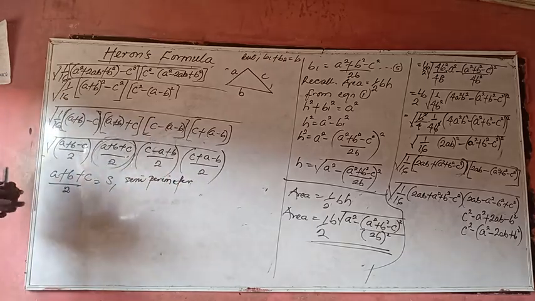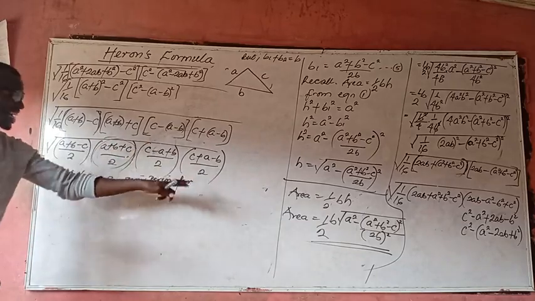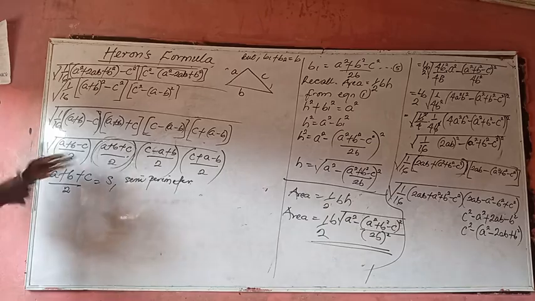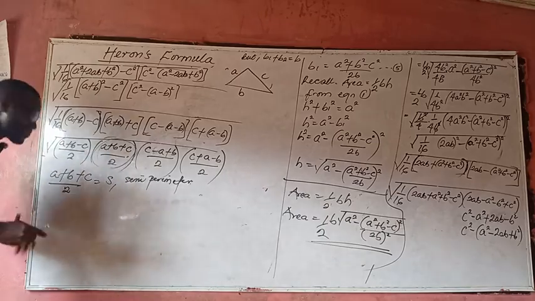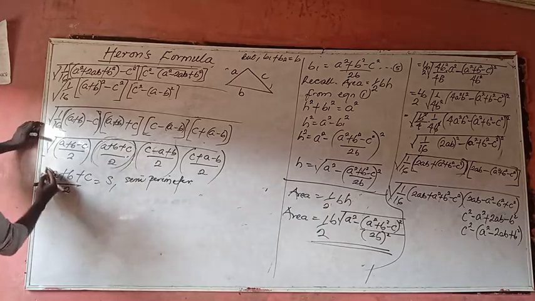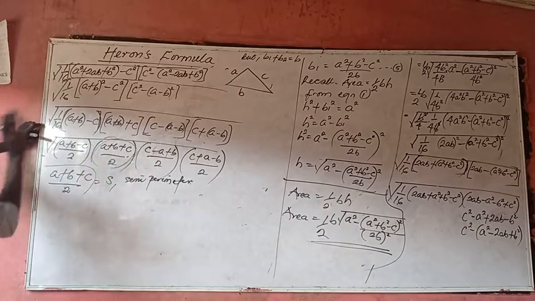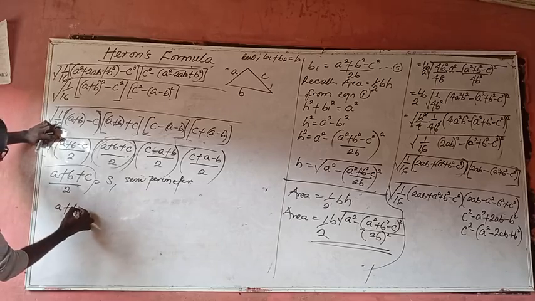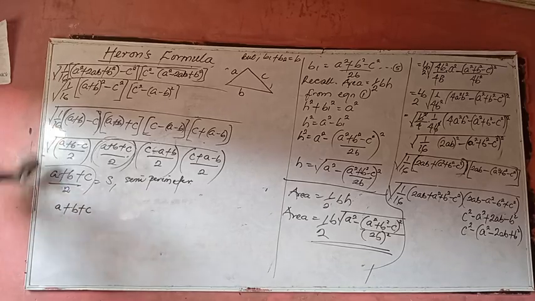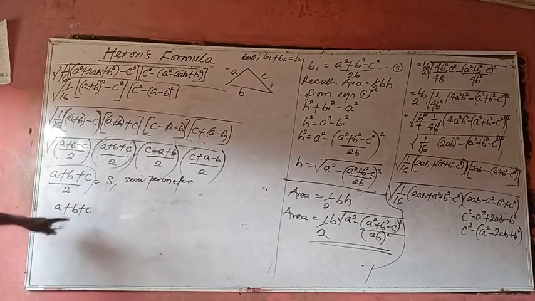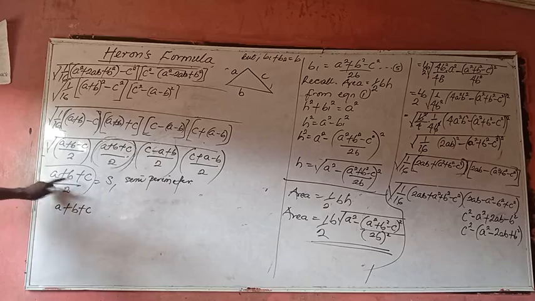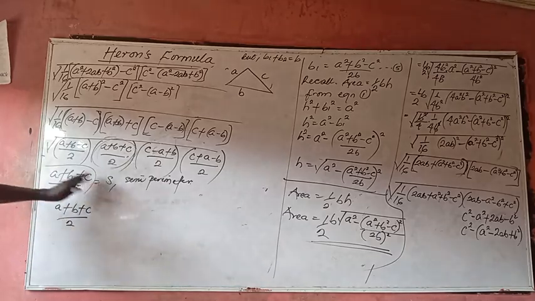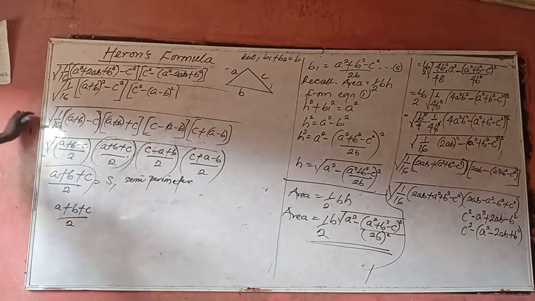But you'll soon notice that these other ones, they are a modified version of this. How? Do you know that this thing here, I can bring it out of this place. How do I do that? This will be a plus b plus c. This thing, I want to get this thing back. I'll do (a plus b plus c), which is this, all over 2, which is S, isn't it?